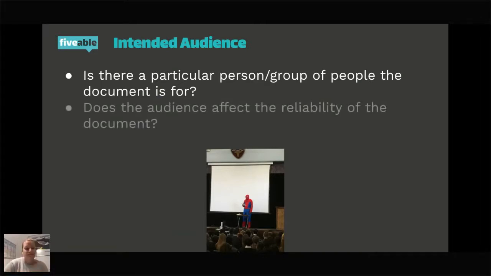Does the audience affect the reliability of the document? Let's say that you are talking to your friend or you're talking to your principal. You're going to talk to them differently, even if it's about the same problem. Say you have a problem with a teacher. Nobody ever has a problem with their teachers, but you're complaining about it to your friend. You're probably going to be saying different things, maybe over-exaggerating to your friend to make it sound cool.